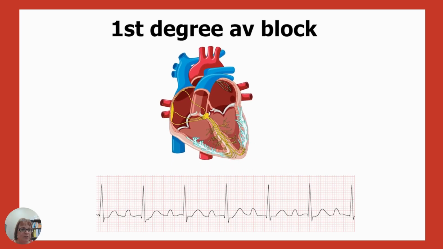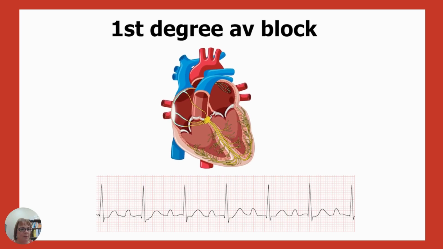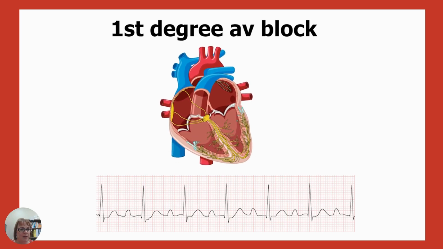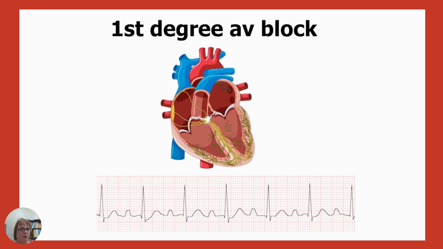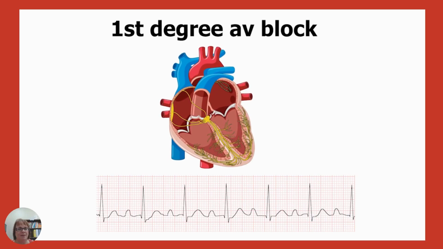So you'll see there's a longer distance from the P wave until where the ventricles pump. Here's my T wave, P wave, QRS, T, P, and it's a lot longer. It's a space. So that's what first degree AV block is.